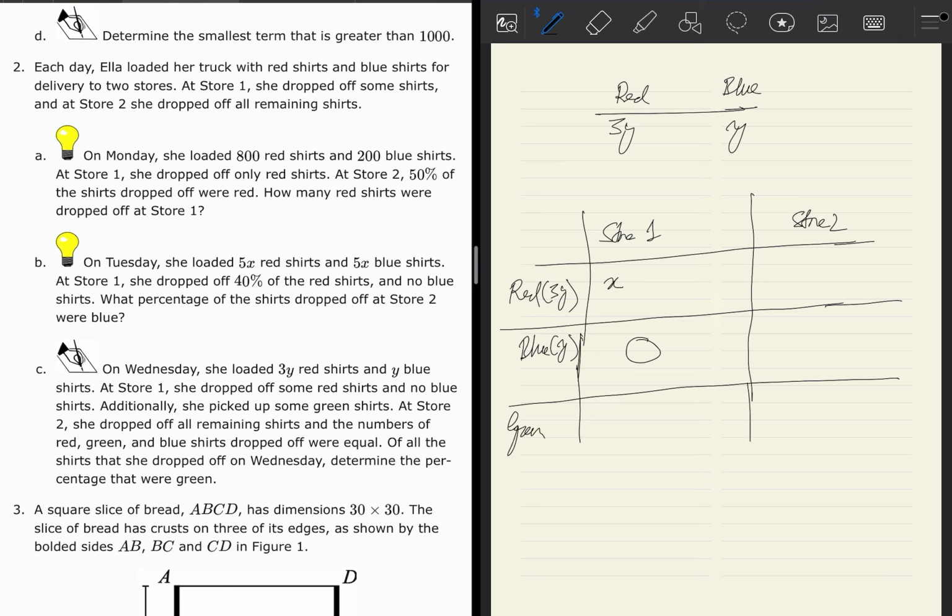Let's assume that there are Z green shirts. So at store 2 she dropped off all the remaining ones. So the remaining red shirts would be 3Y minus X, blue would be Y, and green is Z. In store 1 it's 0 for green shirts.